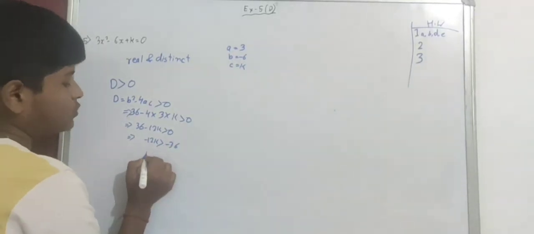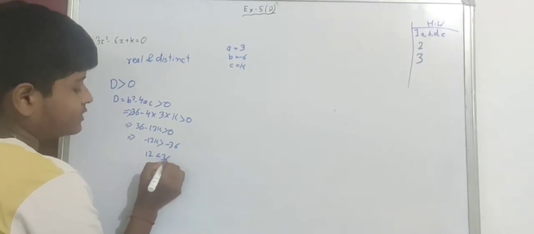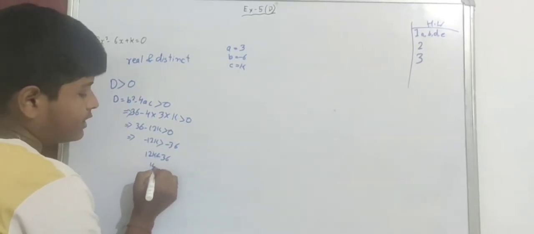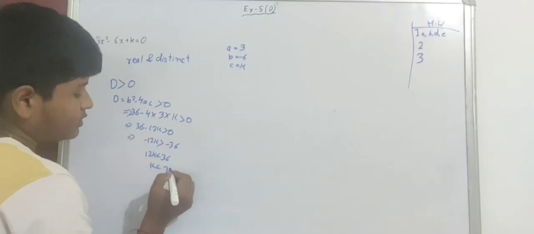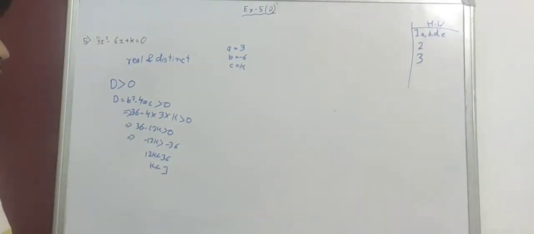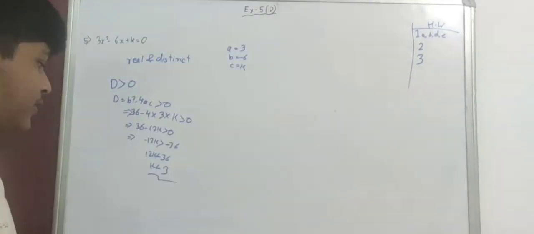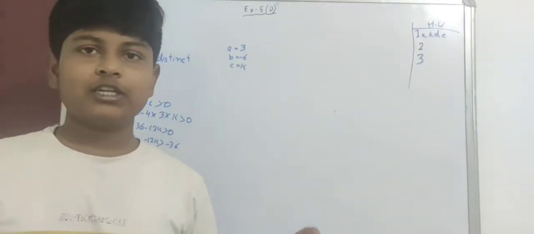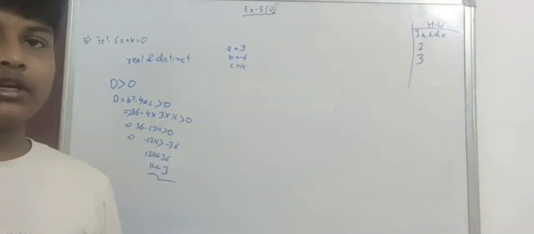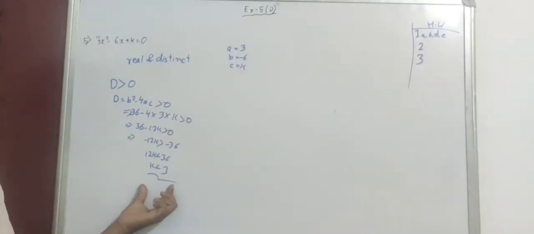Minus will be cancelled, so it will be 12k less than 36. k is less than 36 by 12, that's 3. So k is less than 3. Now it is not given that it is natural numbers or whole numbers, so we will not replace it with a certain set. The answer will be k is less than 3.